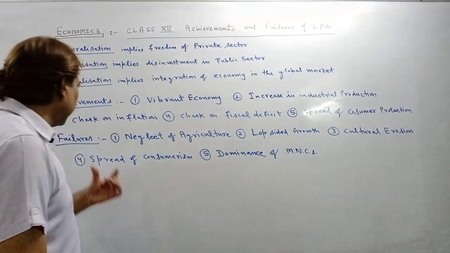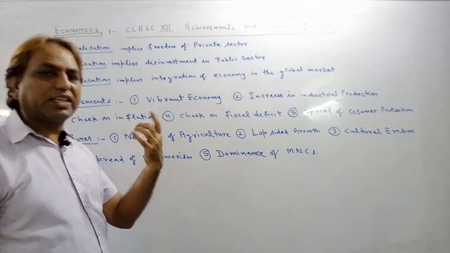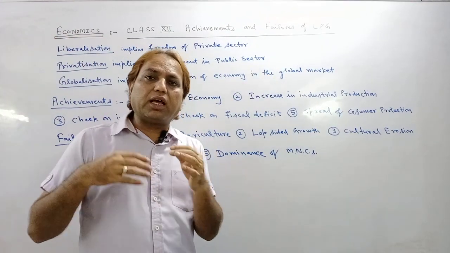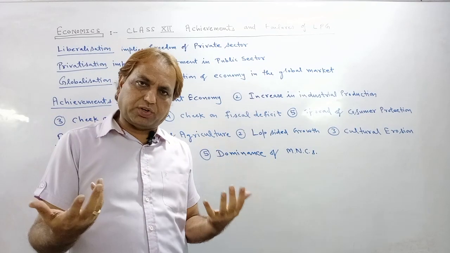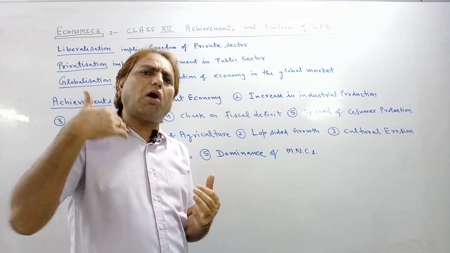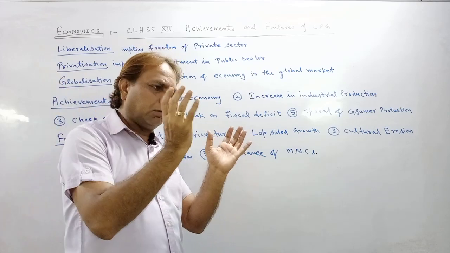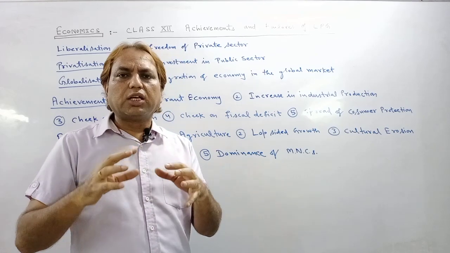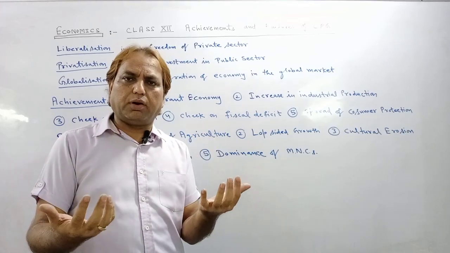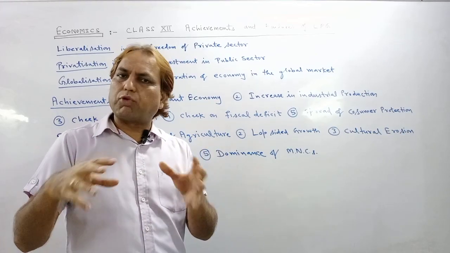Now, the next one is spread of consumerism, which I have told you. Consumerism means we become spendthrift. We wish to get all material things. We got new TVs, new cars, bikes, right? So luxury items were being purchased from the market.